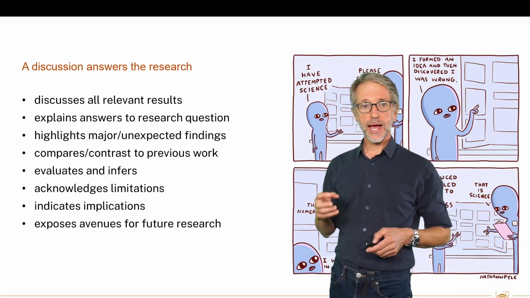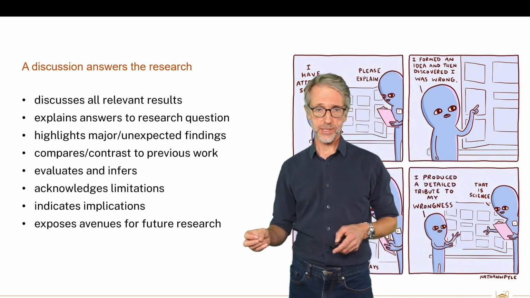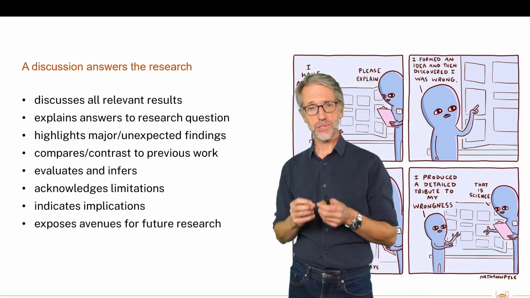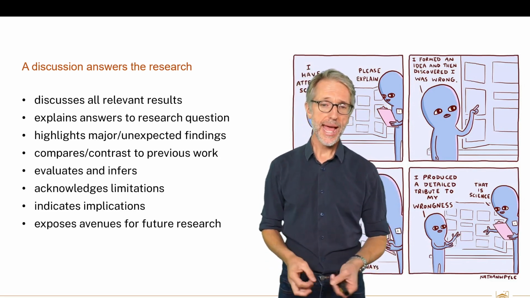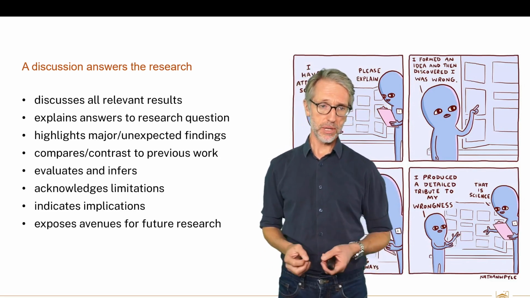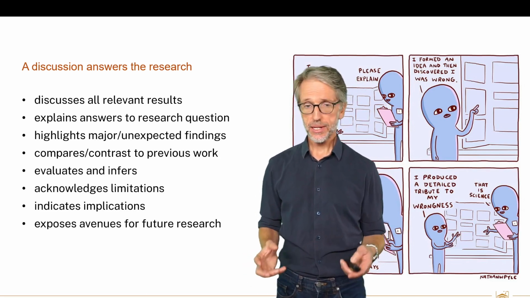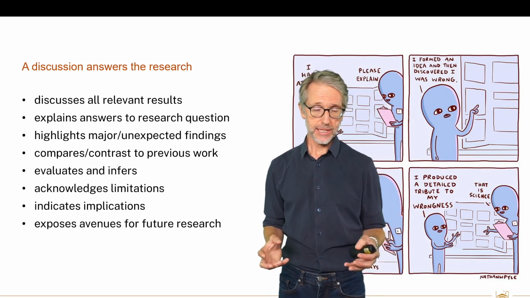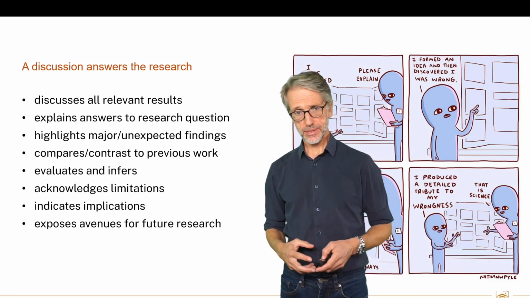So, a discussion answers the research question. That's what it is attempting to do. It answers the research question in the context of the theoretical framework and the methods that were applied. All relevant results are highlighted and discussed. All of the research questions need to be addressed.